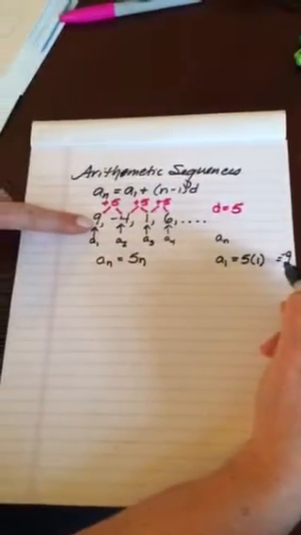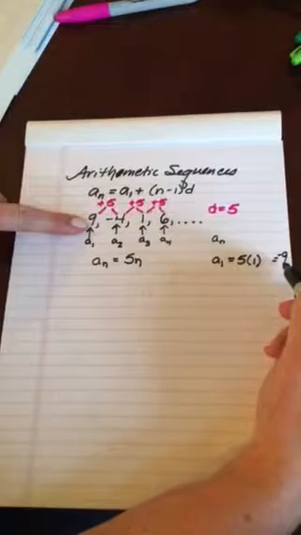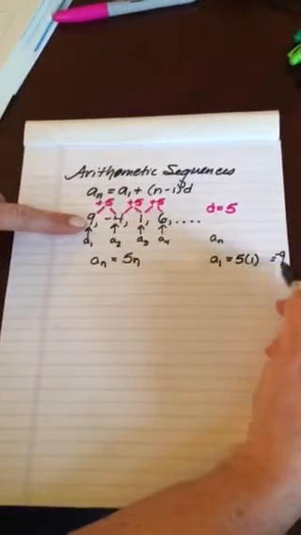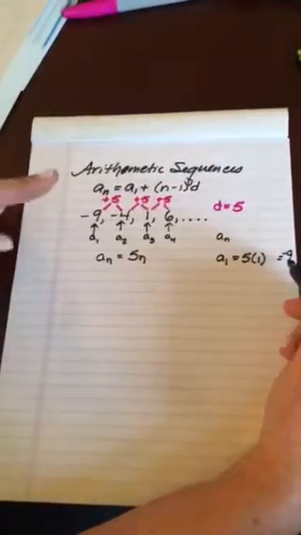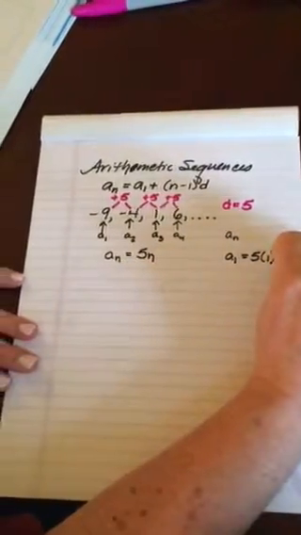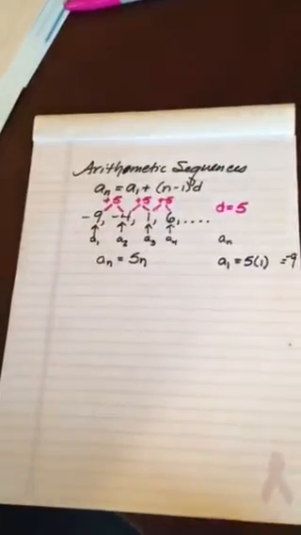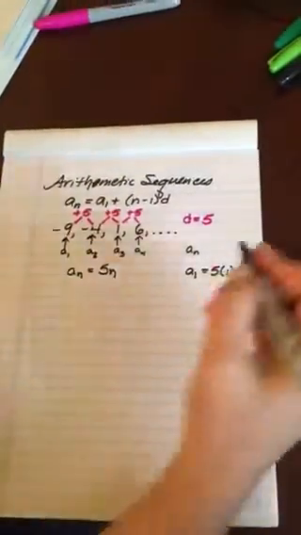Because 5 times 1 does not equal -9. Absolutely not. So I must have to do something in here to get to -9. As a matter of fact, in this case, I'm going to have to subtract.